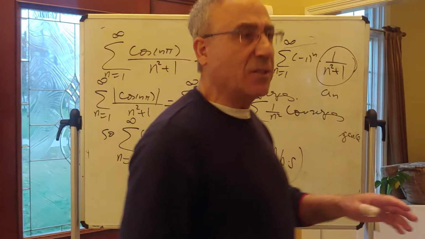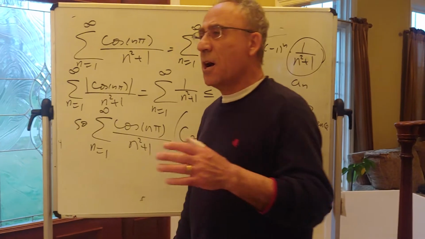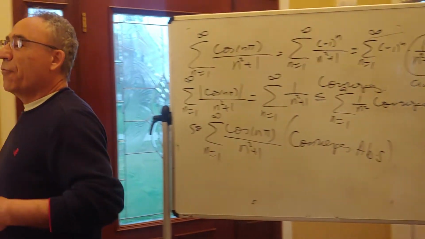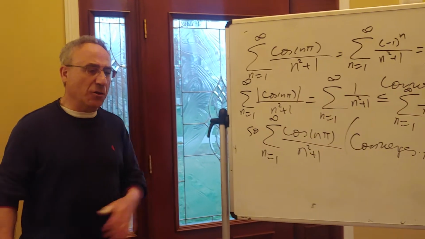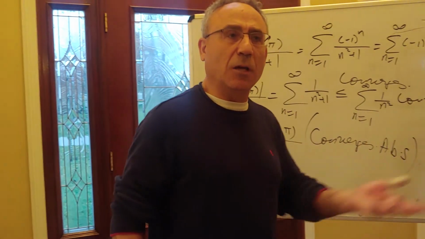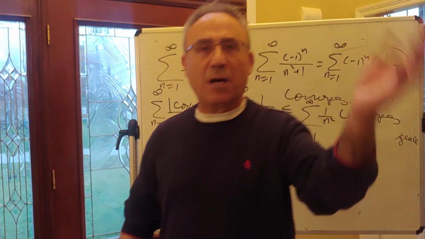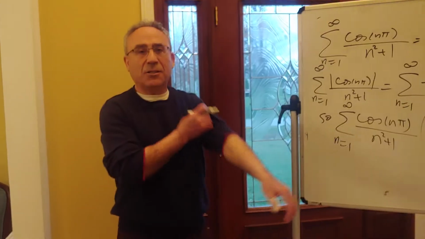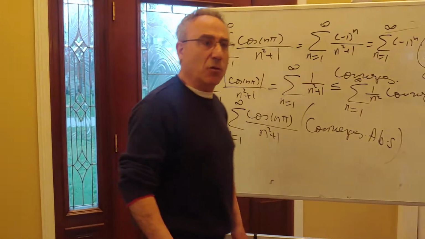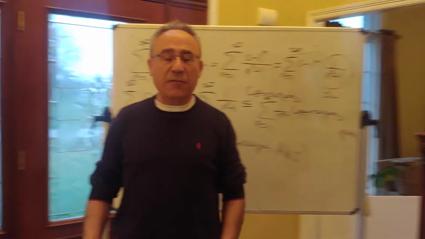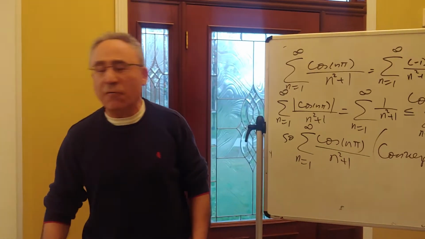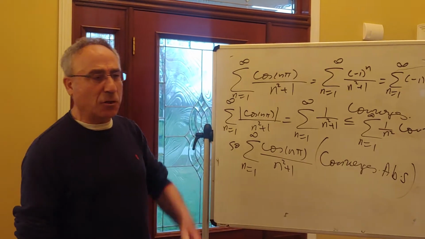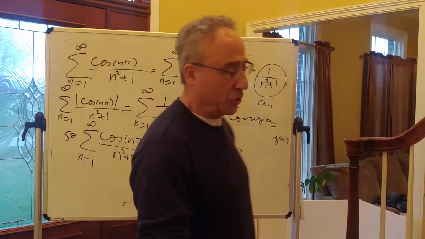The only time you have to test for absolute convergence is when the series has negative terms, alternating negative, positive, negative, positive. Then you'll immediately look at the absolute value and see if it converges. If it converges absolutely, then you can say it converges absolutely, and therefore it converges.